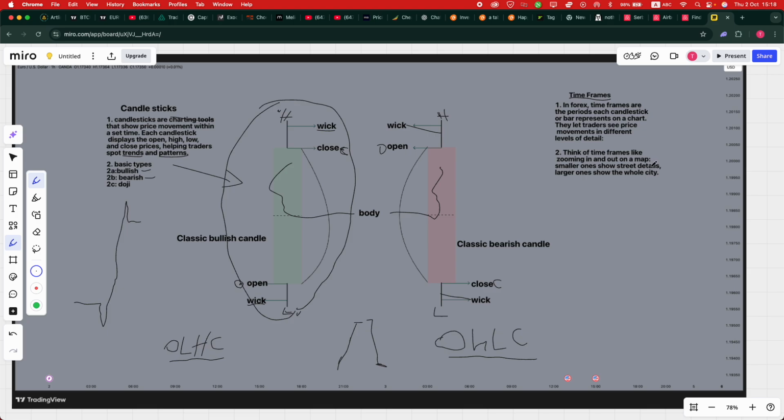Smaller ones show the street details. Larger ones show the whole city. So if you're going to a smaller time frame, you are seeing your area, your streets, what's just going on there. You can't actually see the major things in the town. You can only know what's happening in your streets.